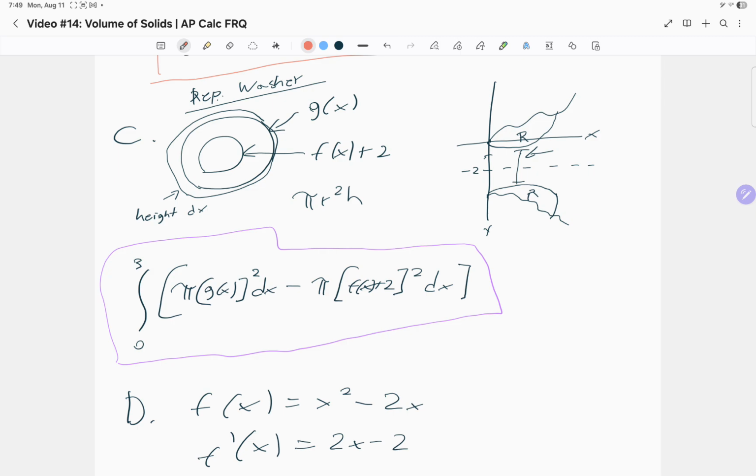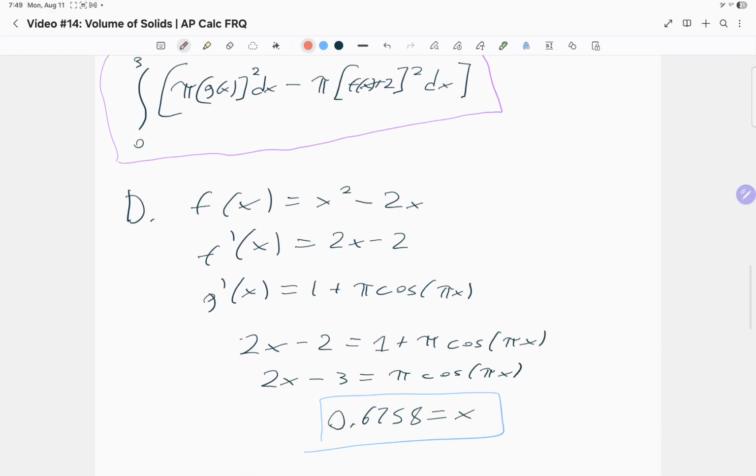We're going to find that volume and then subtract the volume if we are rotating f of x plus 2 around the x-axis. And that's going to get us the volume of our solid. So that's represented by the integral we did there, because the volume of a cylinder is pi r squared h. Okay, we're in geometry class, right?